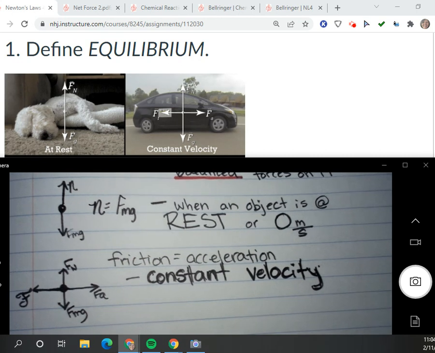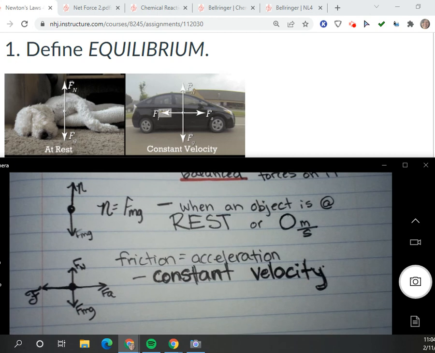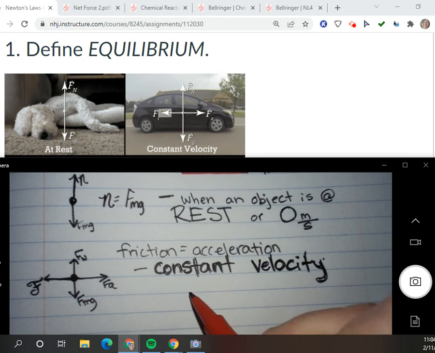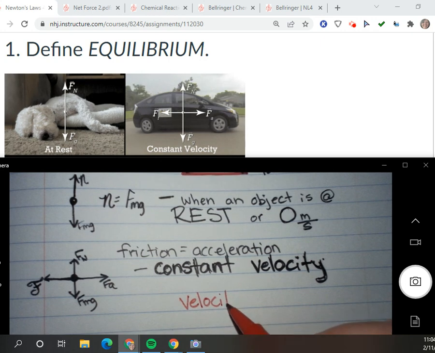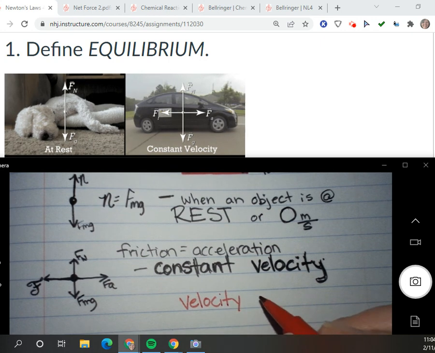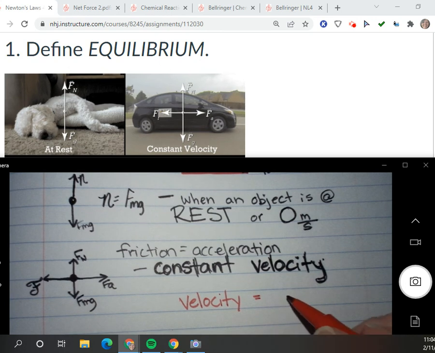Constant velocity. So let's add to this just a little bit. If velocity equals speed, and that's a very loose interpretation, velocity is a vector, whereas speed is scalar. So what's the difference between velocity and speed?